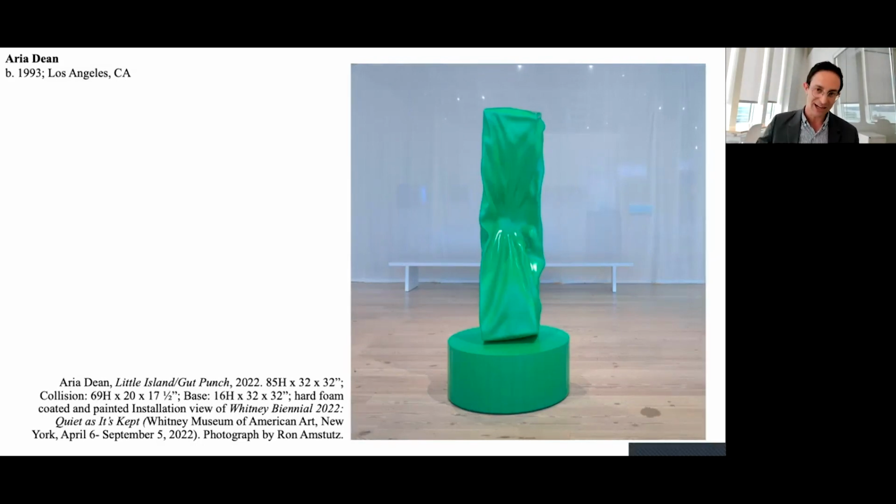And what you have is this column that literally is kind of doubled over in the middle. It's kind of bent, it looks wounded. And it's not only a column that's been wounded, but it's a column that's sitting on a column. So it's a doubled up column, but it's also a column doubled over. Because you can see the base it's sitting on is a loose reference to Ionic columns from Greek architecture and Greek sculpture.